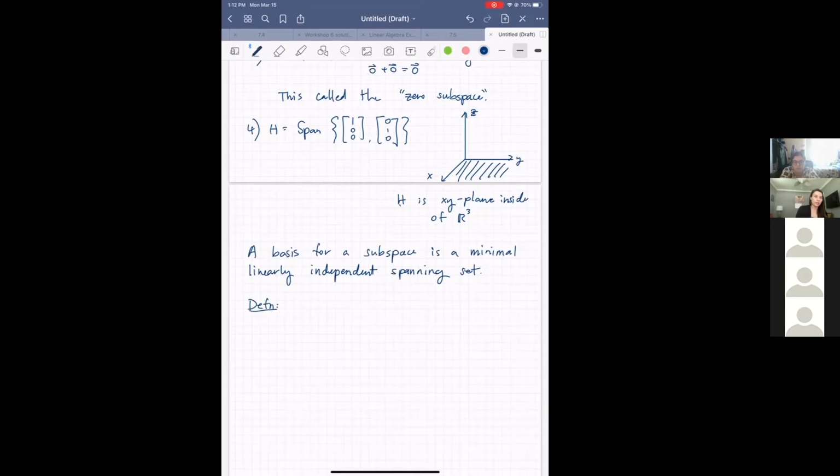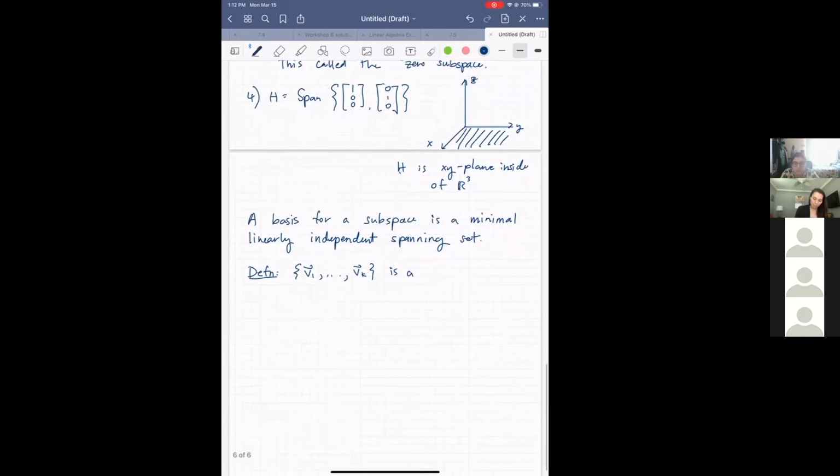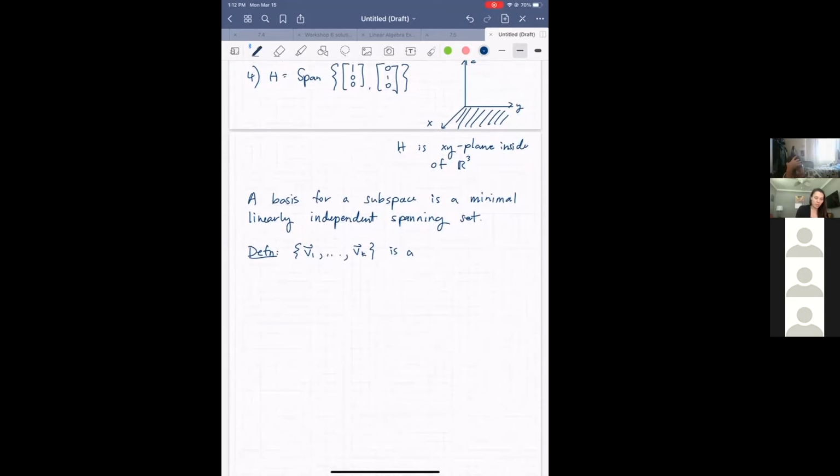More formally, by minimal, I'm going to make that more concrete now. We say that a collection of vectors v1 up to vk is a basis for a subspace H if, first of all, H is actually spanned by that set, so H is equal to the span of v1 up to vk.